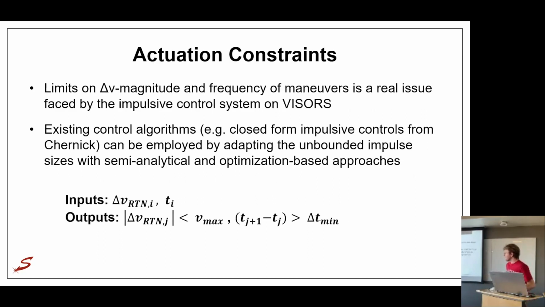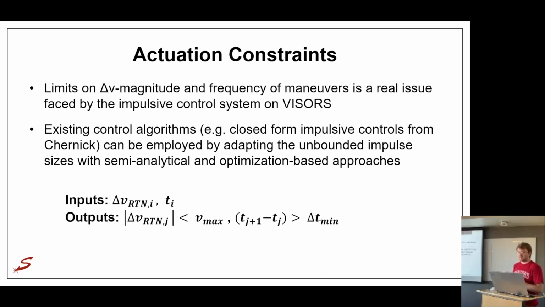A key issue we face in the ADVISORS propulsion system is that it's an impulsive propulsion system, but it's very limited in the magnitude and the frequency of the maneuvers it can output. By frequency, I mean how often you can maneuver, not the duty cycle of a valve firing. There's a refill time of the plenum that will be exerting the gas that actuates the system.